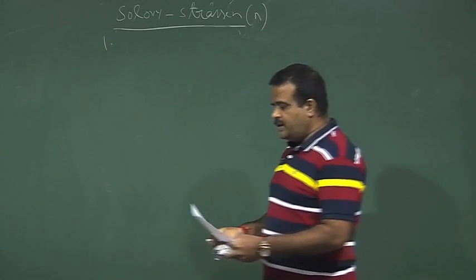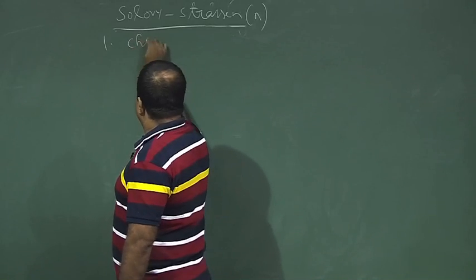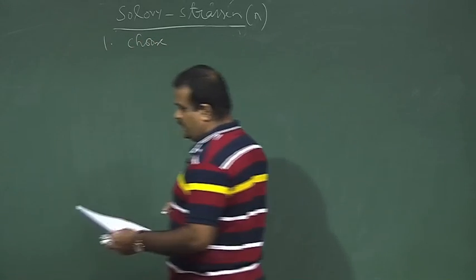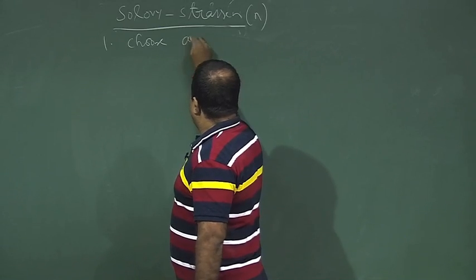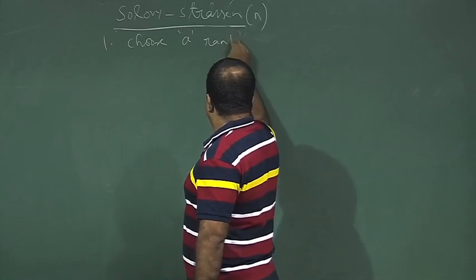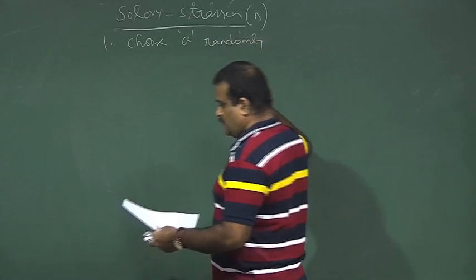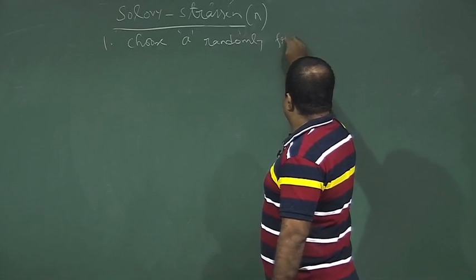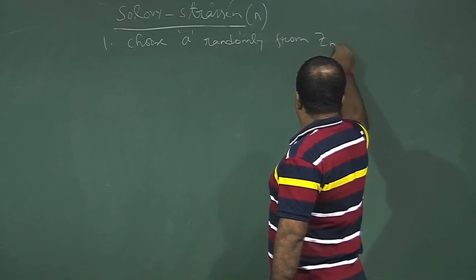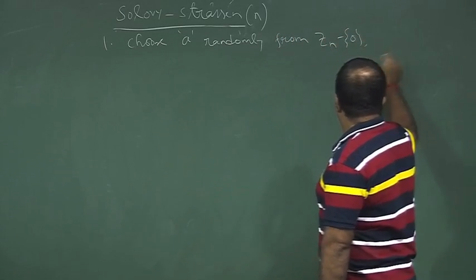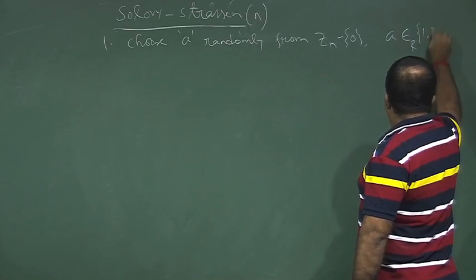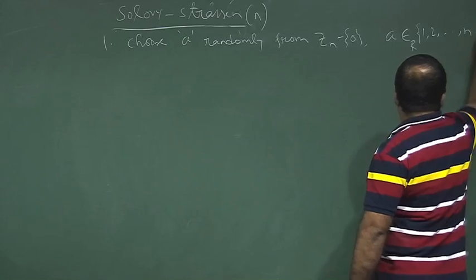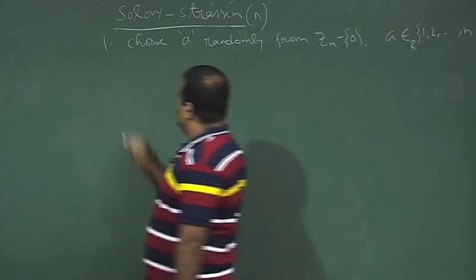So, what are we doing? We choose randomly an integer a from Z_n minus 0, so a is chosen randomly from 1 up to n minus 1; we are not taking 0.